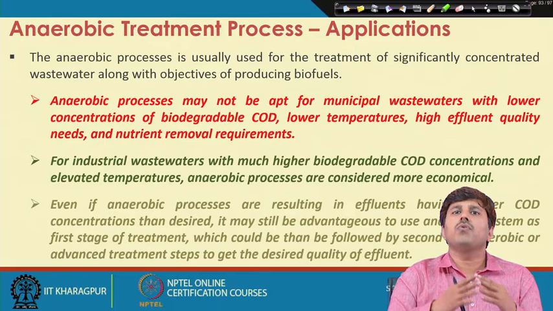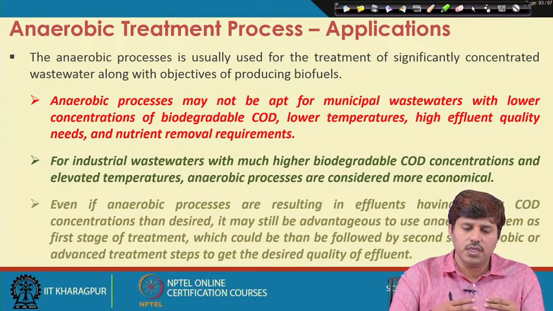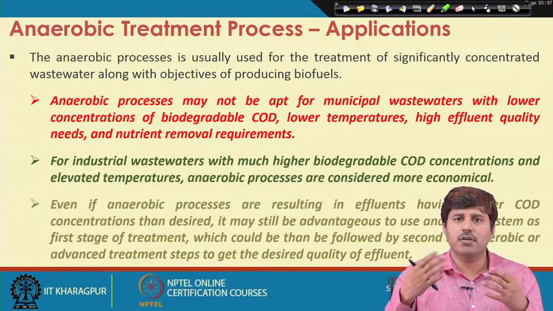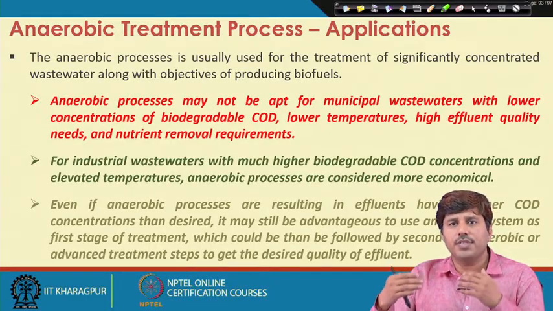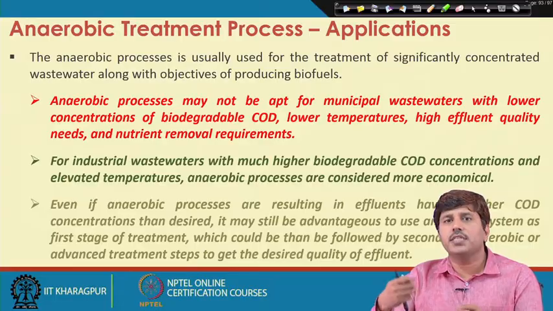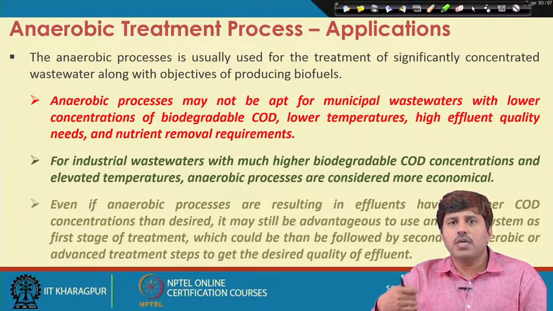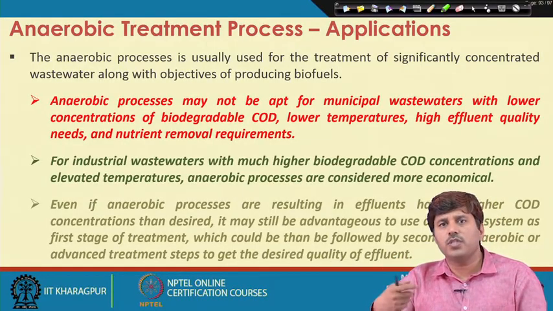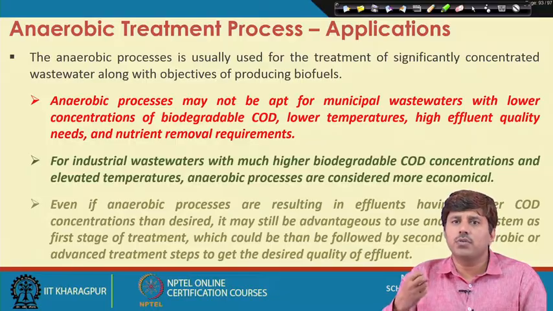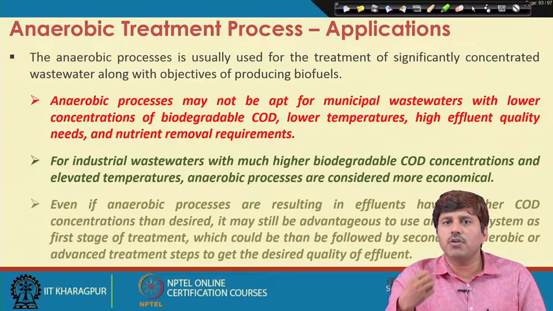Because of the low concentration of substrate or low concentration of COD, the amount of biomass produced is not significant, and rather we see that biomass washout takes place, because with low COD, even the biomass which is produced is not of good quality or of high density.